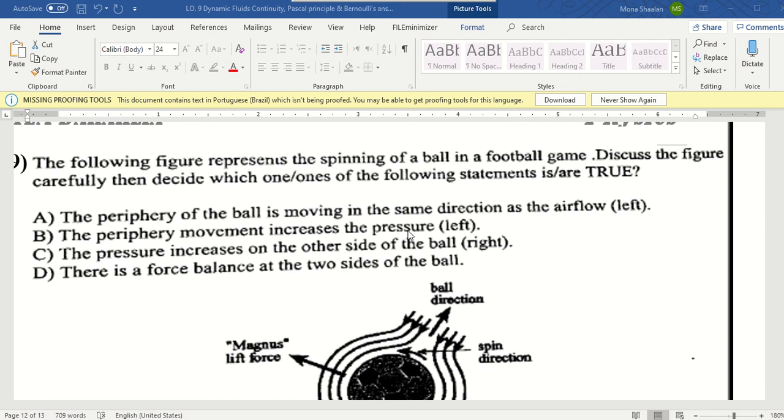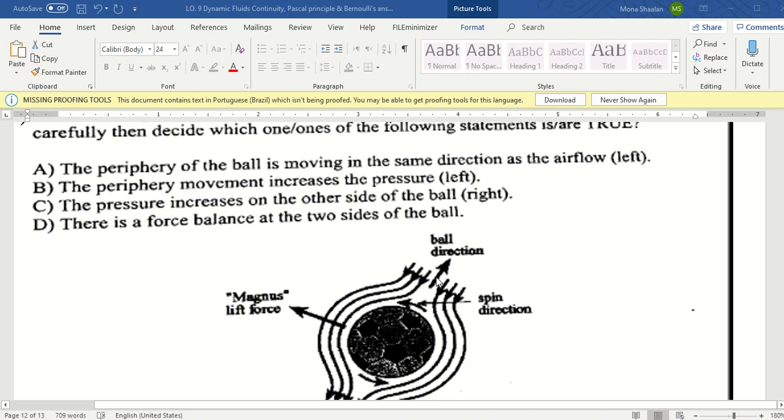The periphery of the ball is moving in the same direction as the air flow to the left. Here, the periphery of the ball, the outside of the ball, is moving as it spins to the left. So the direction of motion will be in this direction, so the spinning will be here.